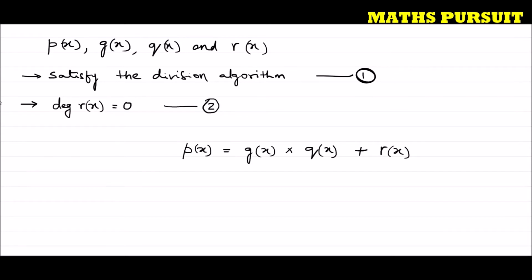But guys, the degree of p(x) is determined by these two things, g(x) and q(x). Altogether they decide the degree of p(x).